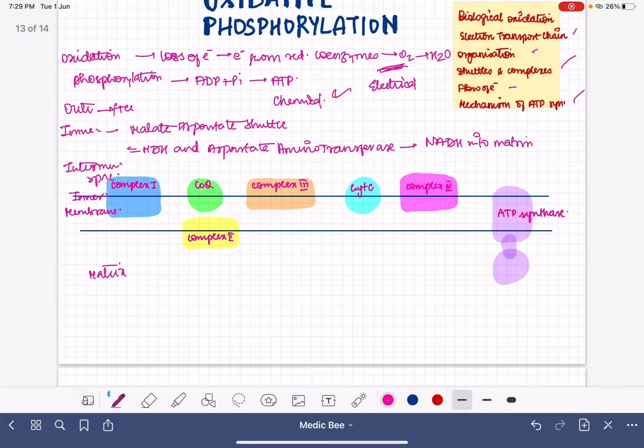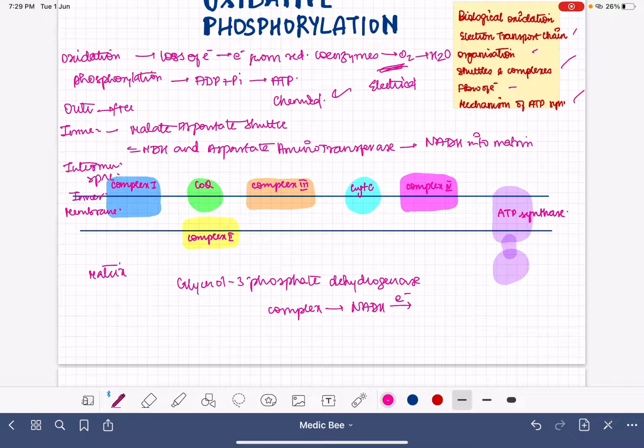There is another shuttle, the glycerol 3-phosphate shuttle. This shuttle involves FAD in its structure. The enzyme FAD is present in the dehydrogenase complex. This dehydrogenase complex will transfer the electrons from NADH.